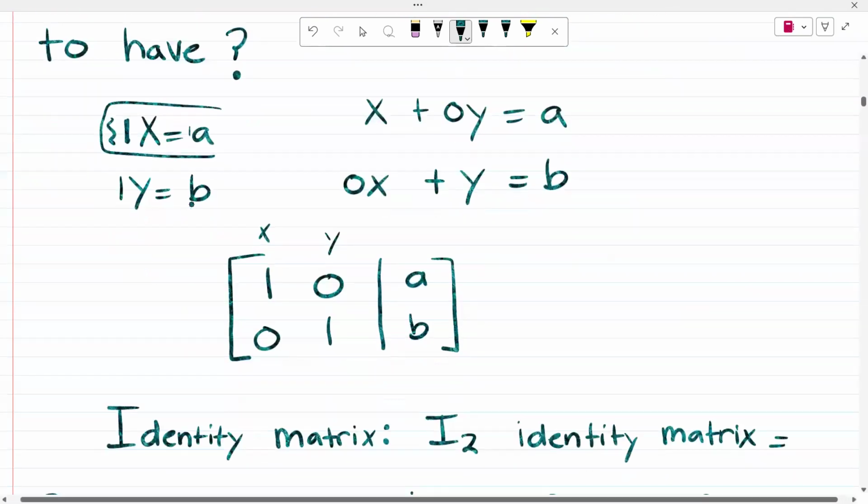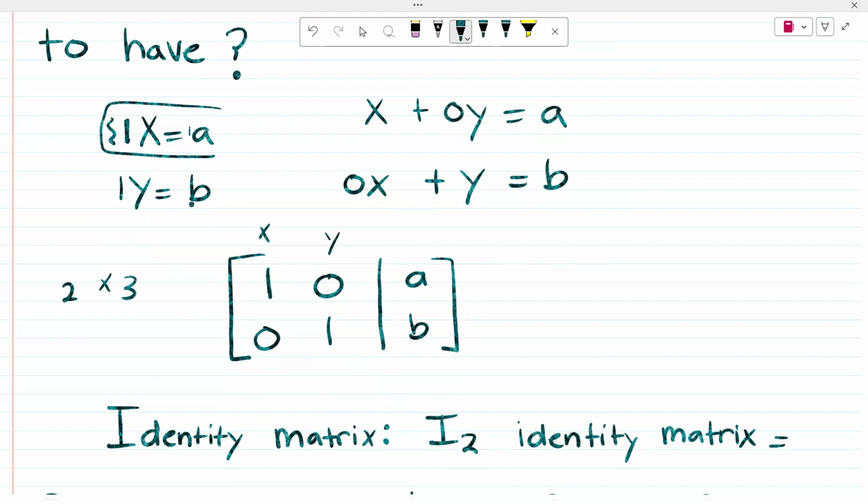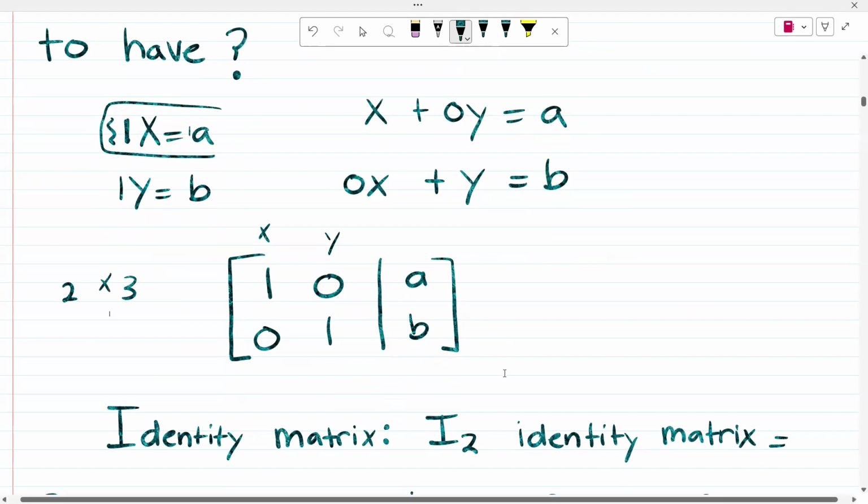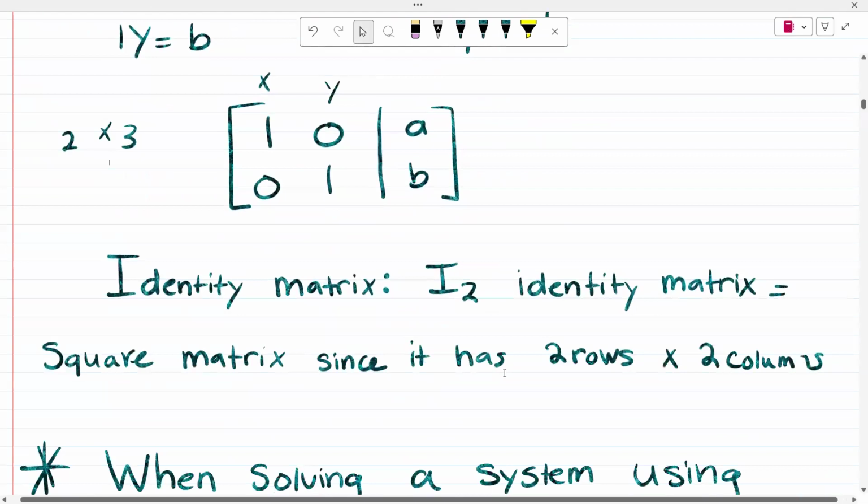So I like this one. This is a 2 by 3. I like this one because all you have to do is get a 0 here, a 0 here, and then make this a non-zero. So an identity matrix, or a square matrix, since it has 2 rows and 2 columns, is probably the best.